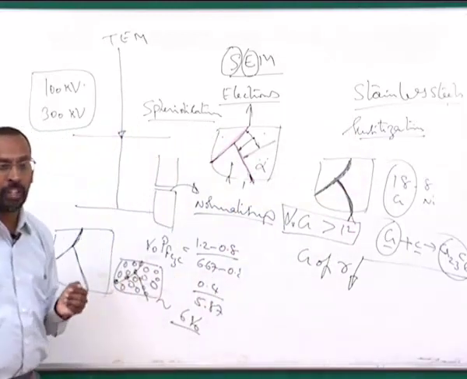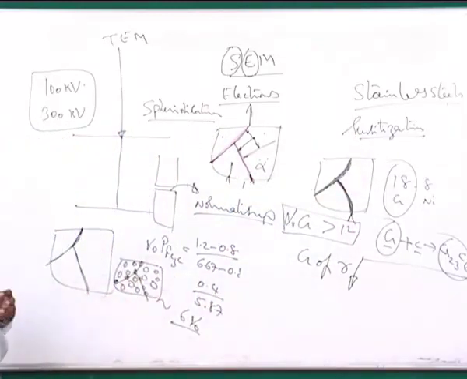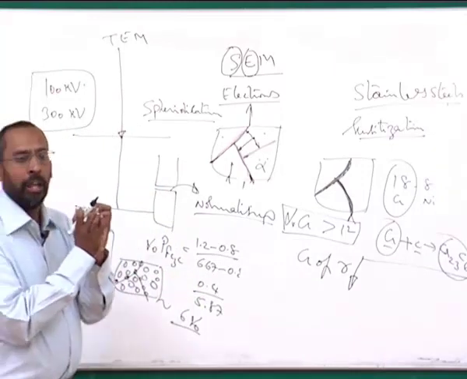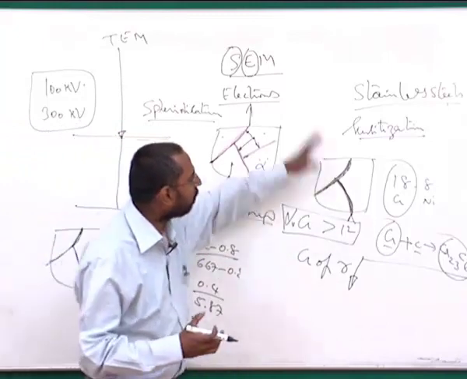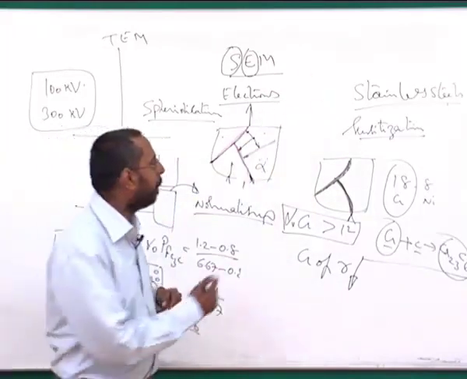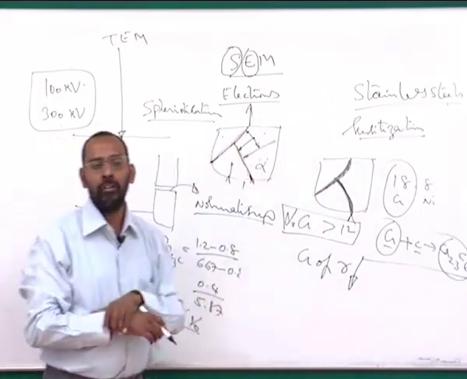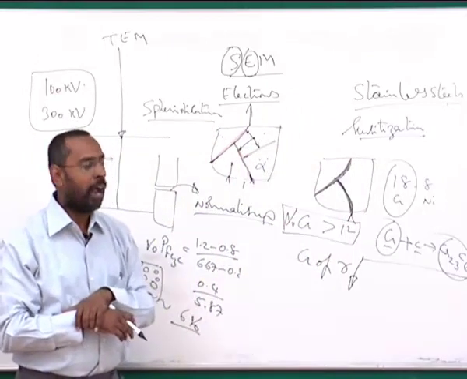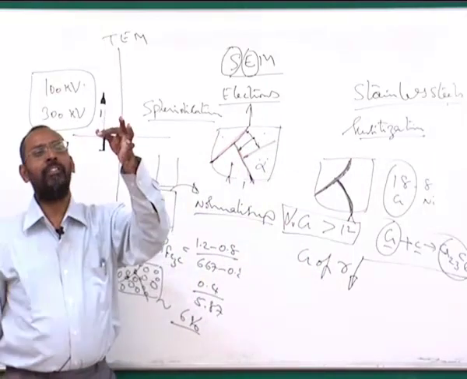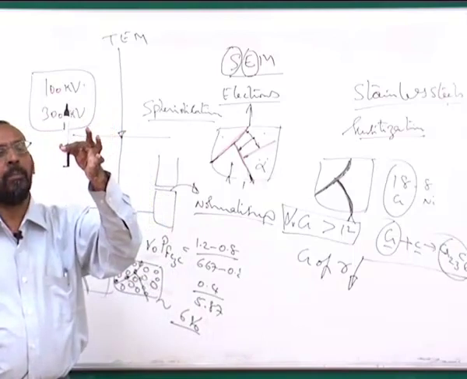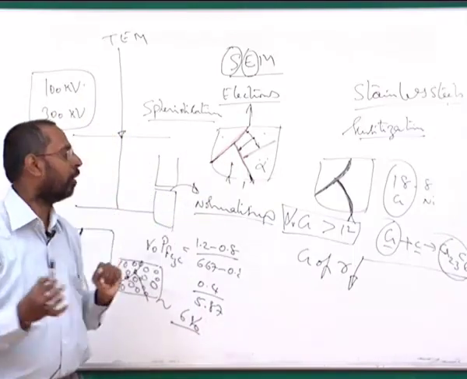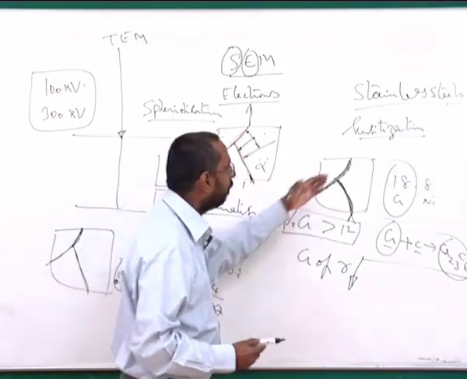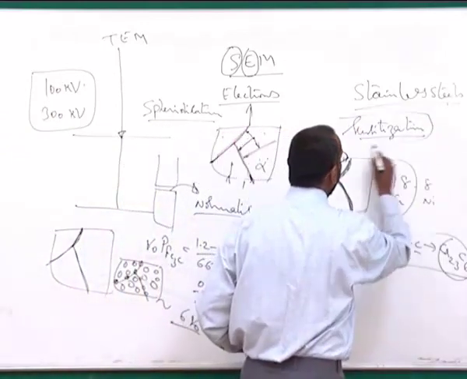In fact, people have seen cases where the whole alloy, the stainless steel, becomes like a powder, because it just gets separated at the grain boundaries because of these corrosion products. A piece of stainless steel like this can simply become a powder because each grain gets separated out, and that is what we usually call sensitization.